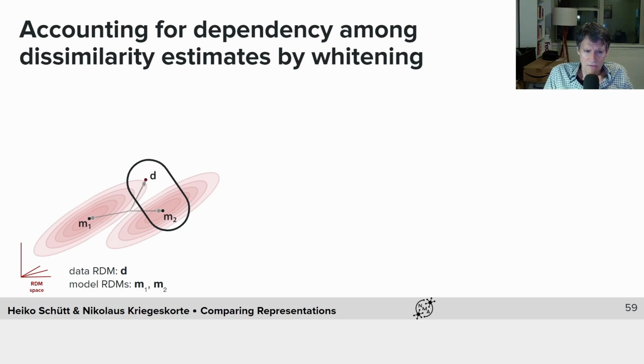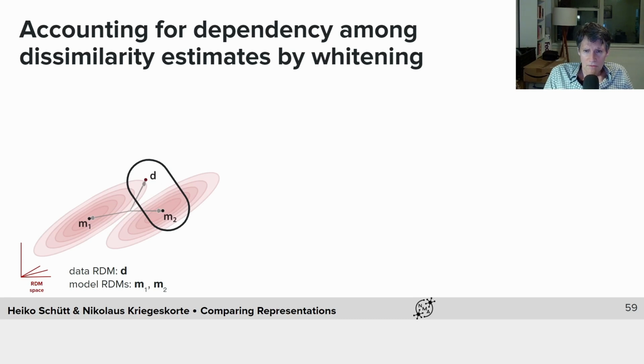However, when we consider the covariance of the RDM estimation error, we see that model 1 actually has the higher likelihood. So the probability of the data given model 1 is higher than the probability of the data given model 2, because the variability of the uncertainty about the actual RDM given a model is not isotropic.